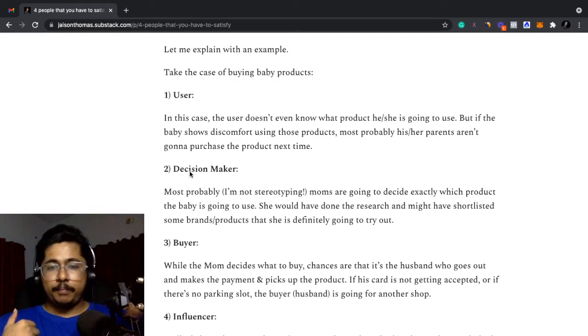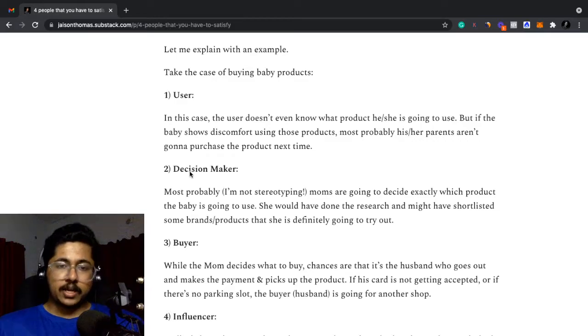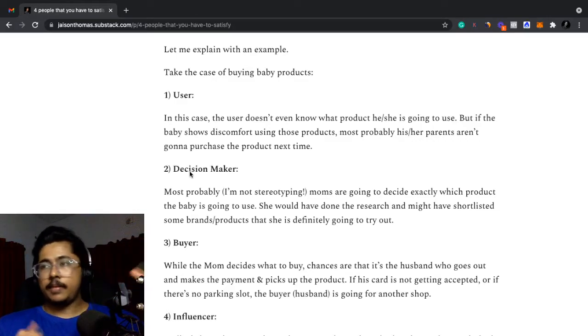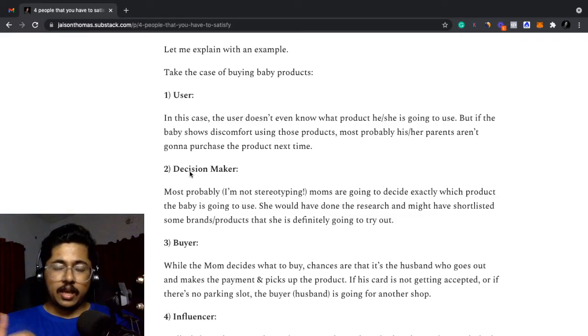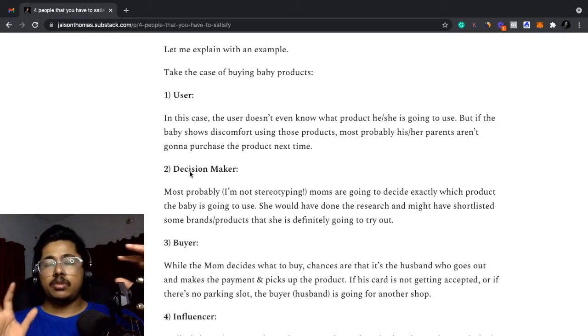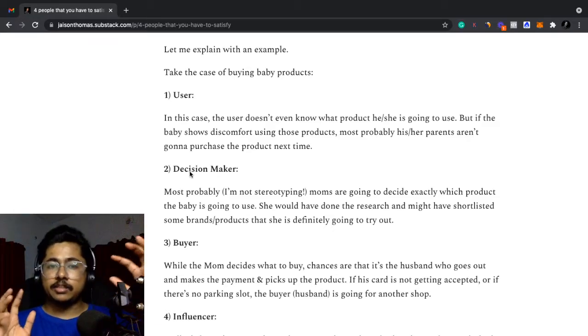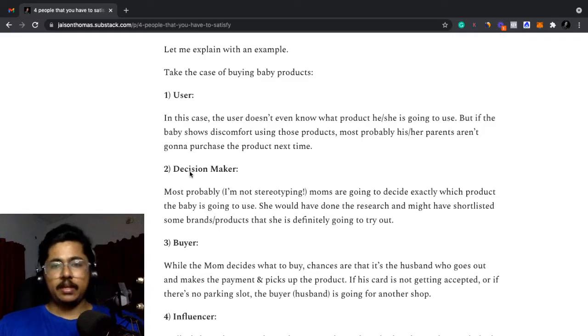They might have done their own research, they have come to a conclusion, and they are saying that okay, I need X brand and not Y brand. There might be reasons and a lot of things going on behind that, but she takes a decision that okay, this is what my baby wants, this is how she reacts, so this is what I've read, so I need that product. So the decision maker is mom, and the user is baby, right?